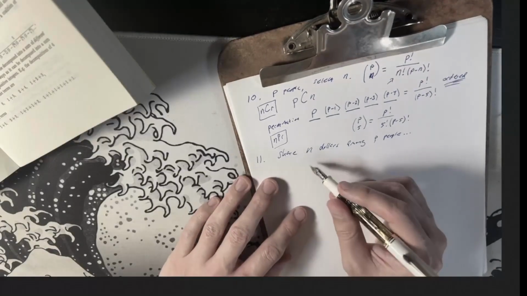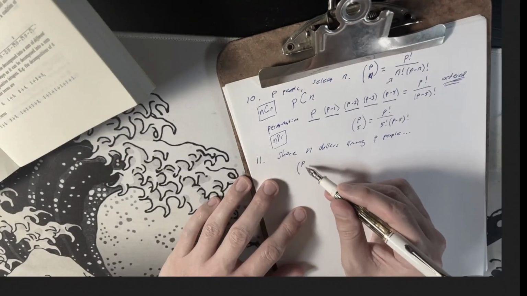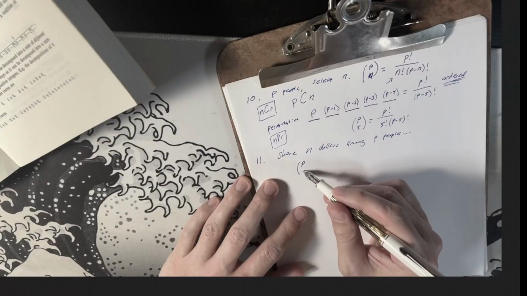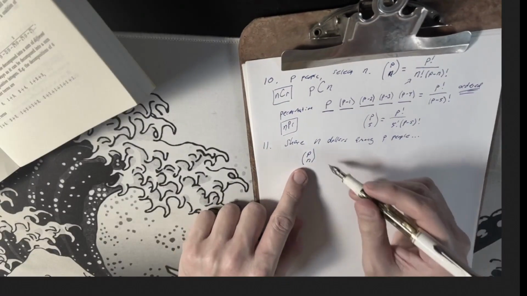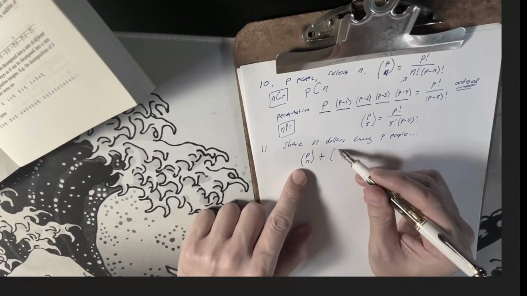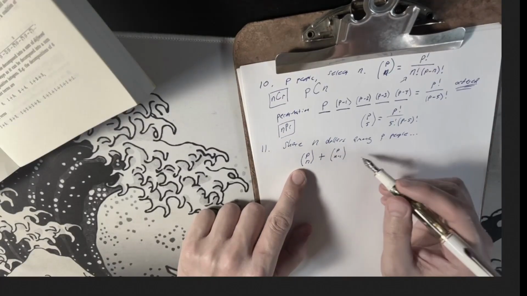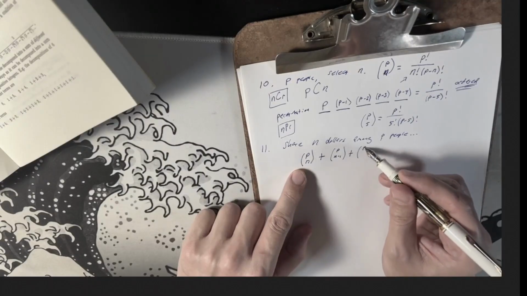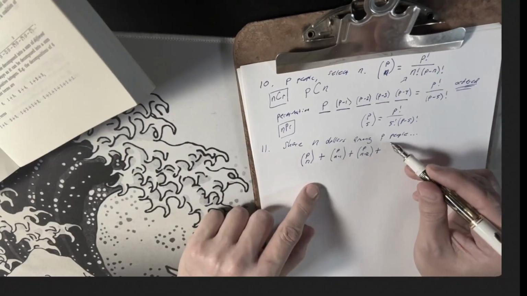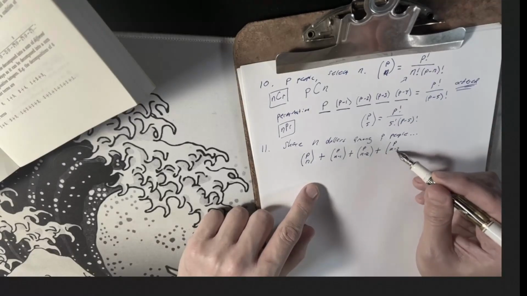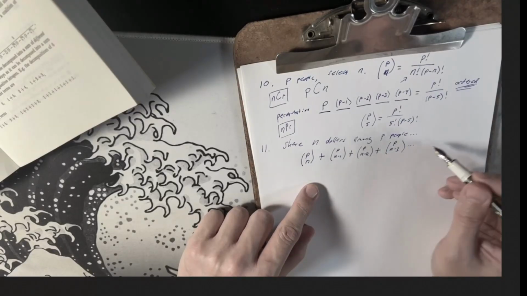You know what? My instinct is to say we're going to get something like this. You could just give everyone $1. There's this many ways to do that. Or you could select fewer than that number. And there's a bunch of ways to do that. Okay? I think it's this sum all the way down to 1.